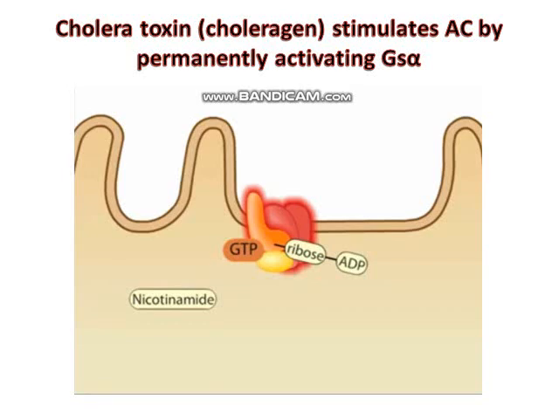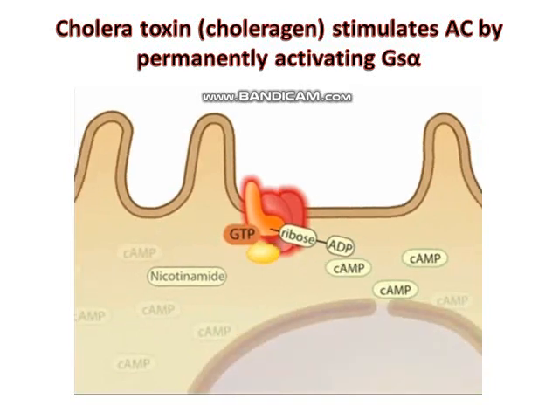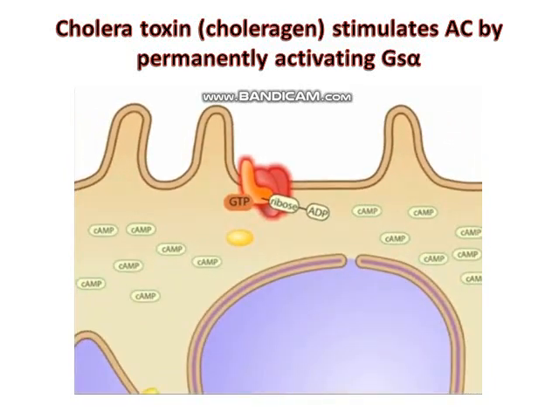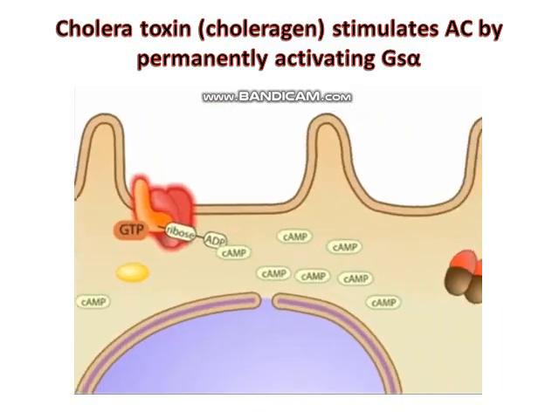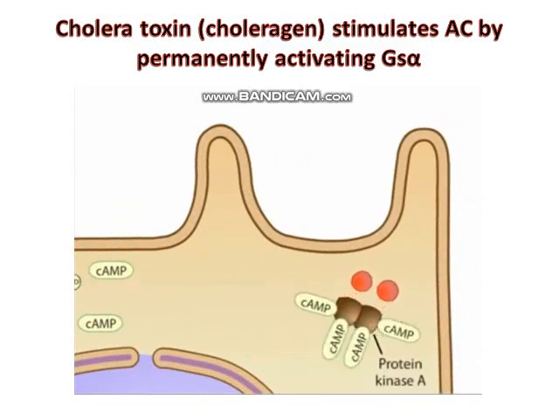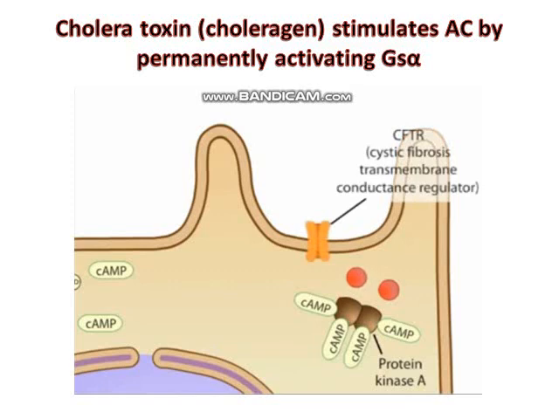The high level of cyclic AMP is gonna stimulate protein kinase A, which stimulates a chloride channel to open. Once the chloride channel opens, the chlorides and other ions leave the cell.